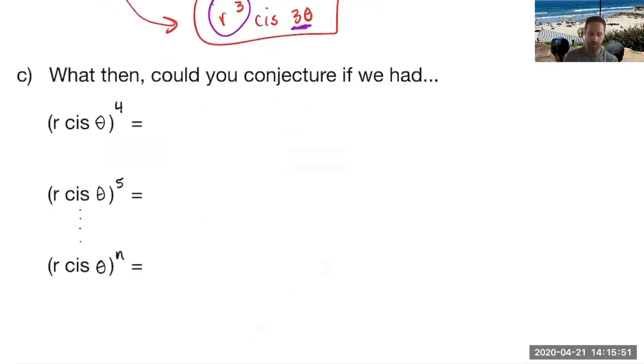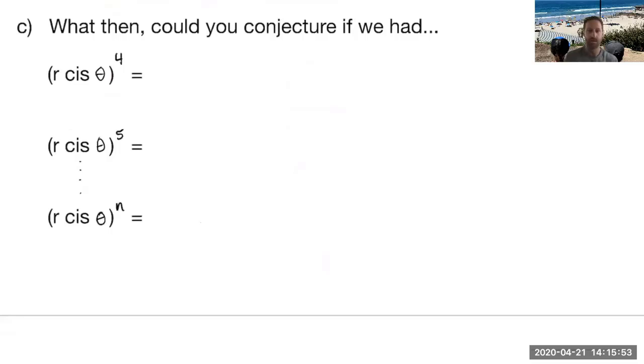So what could you then say would I get when I have r cis theta to the 4th, 5th, or in general, any power? Because if it's any power, then that means we've found that this applies to complex polar form that's raised to the nth. And so hopefully you came up with r to the 4th, cis, what would the angle be? 4 theta.